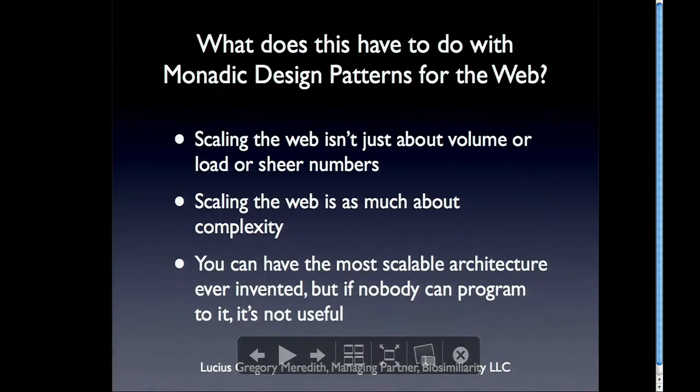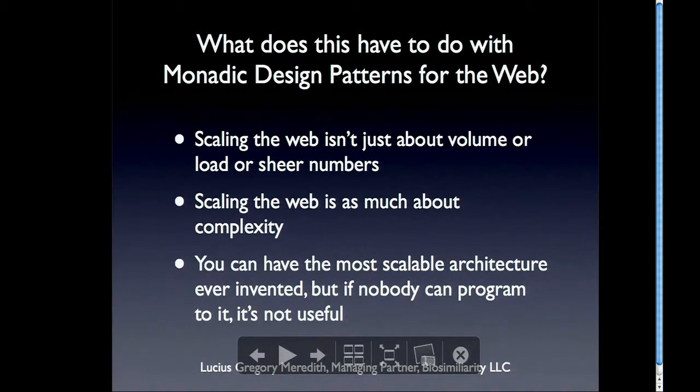This is great. Cool. So what I want to say, referring back to James, whose comment I really appreciate and was inspiring to me, is that scaling the web is not about just volume or load or sheer numbers. Scaling the web is as much about complexity.